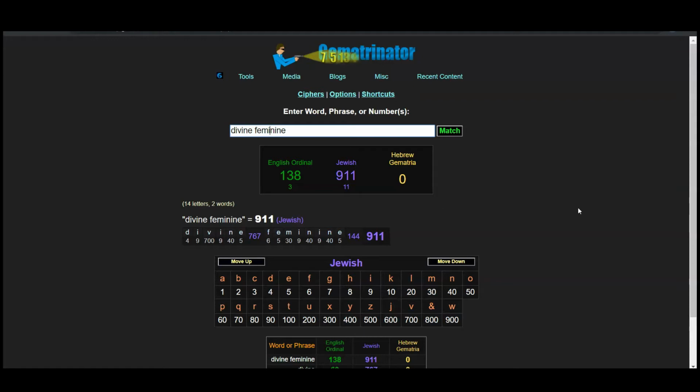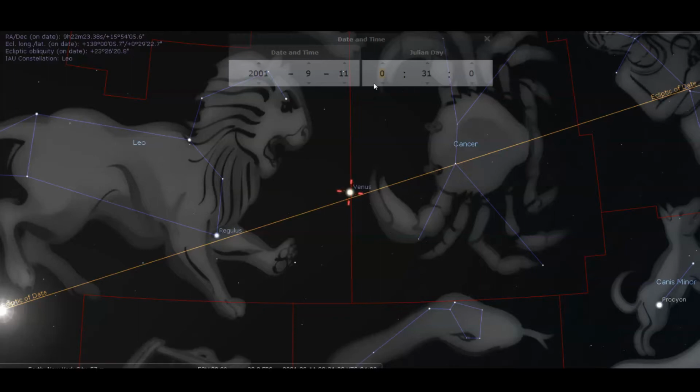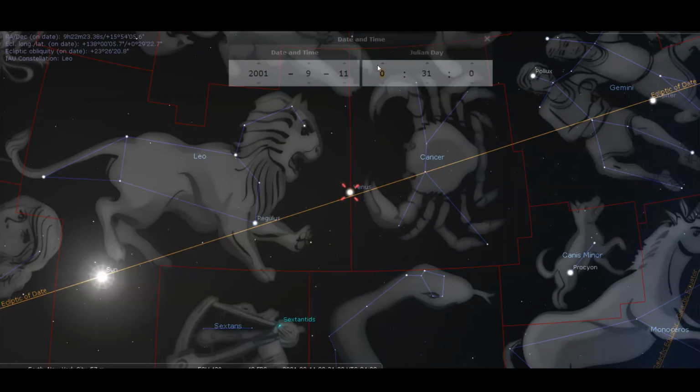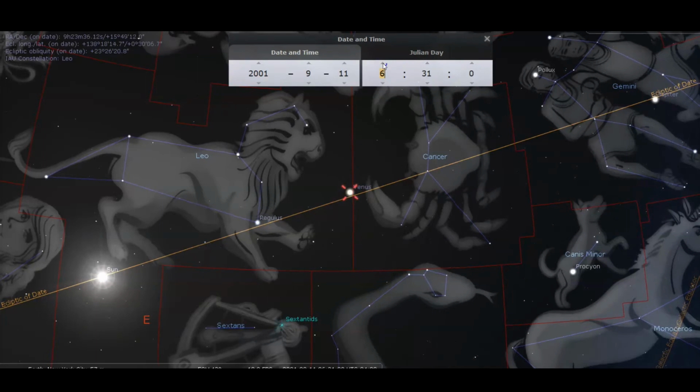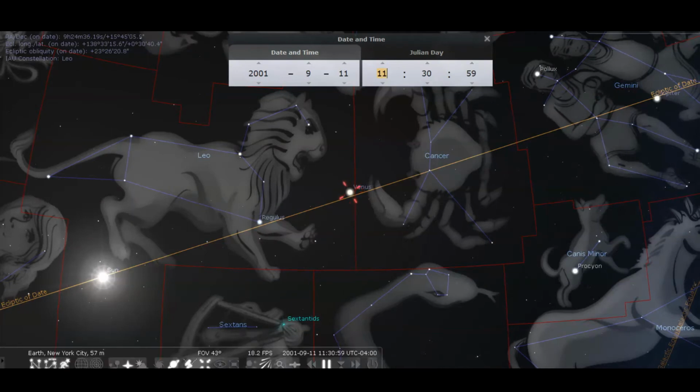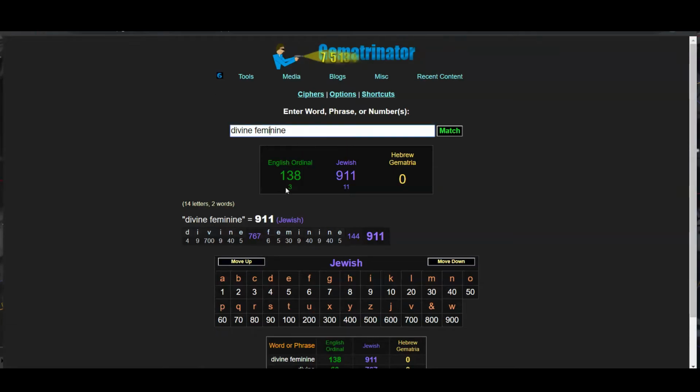What's interesting about this is if we look at the planet Venus on 9/11/2001, the events of 9/11, Venus just entered the 138 ecliptic longitude after midnight and was at 138 through the events of 9/11. So kind of an interesting correlation there with the divine feminine Venus and 9/11 with the gematria values.